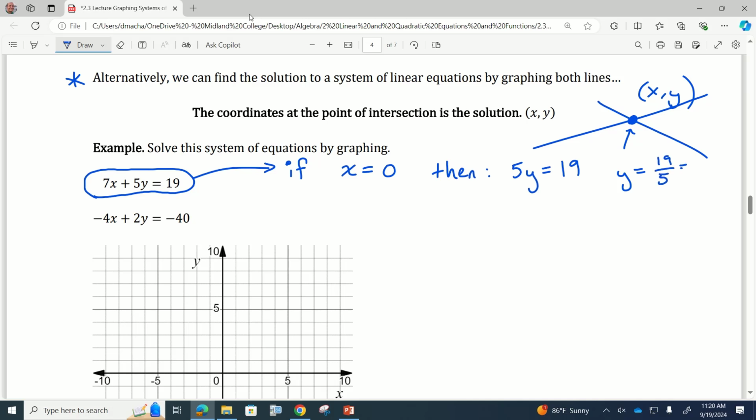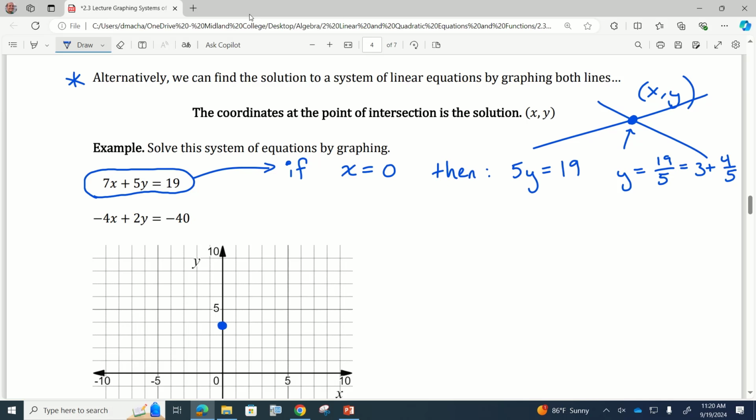And 19 fifths, that's just 3 plus 4 fifths. And I know where to put this on my xy plane. I have to say x is equal to 0, so I'm right here on the y-axis. And along the y-axis, I'm going to find the point that's 3 plus 4 fifths. And I can graph this blue point here.